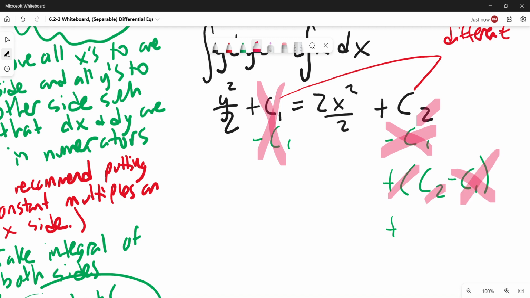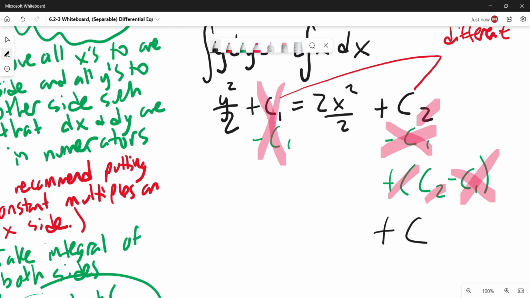So all we're actually going to do, instead of doing all that, hopefully you can understand where I'm going with this, is just do a plus c on the right side. We're going to skip all that stuff. We would normally have 2 unknown constants. Since we have 2 unknown constants, we're combining them to one side, and we're just going to call that new unknown constant plus c.